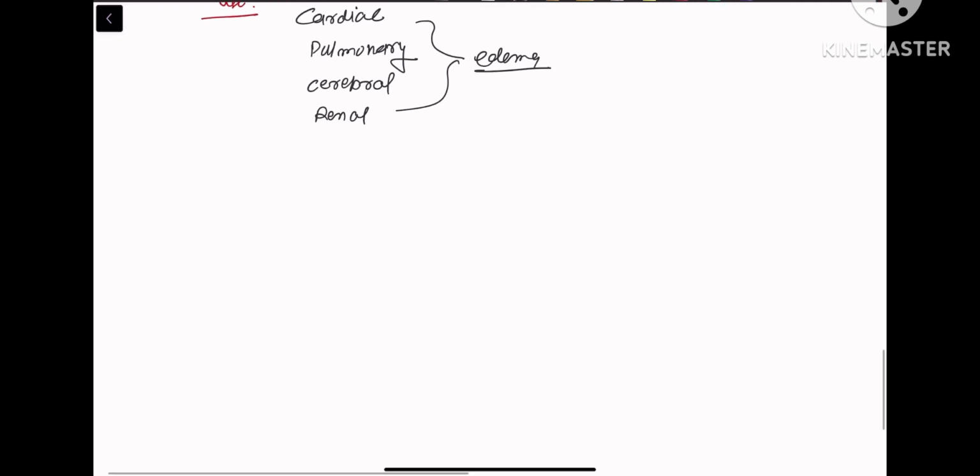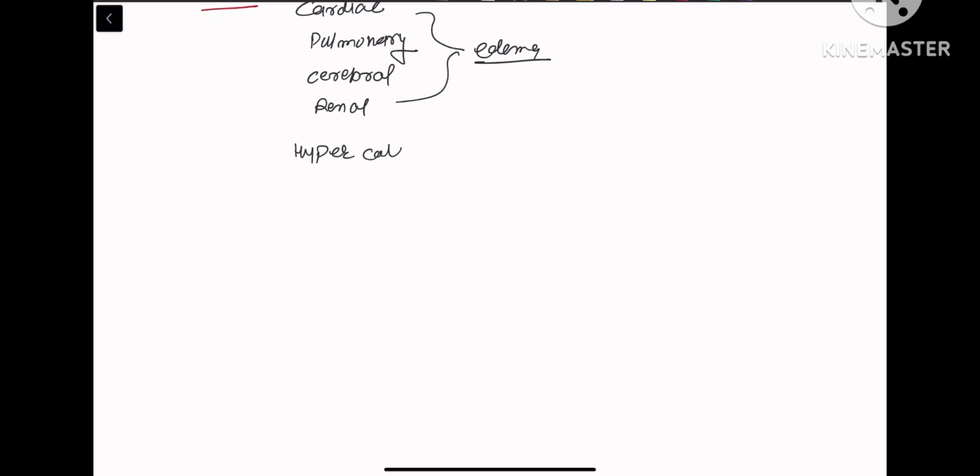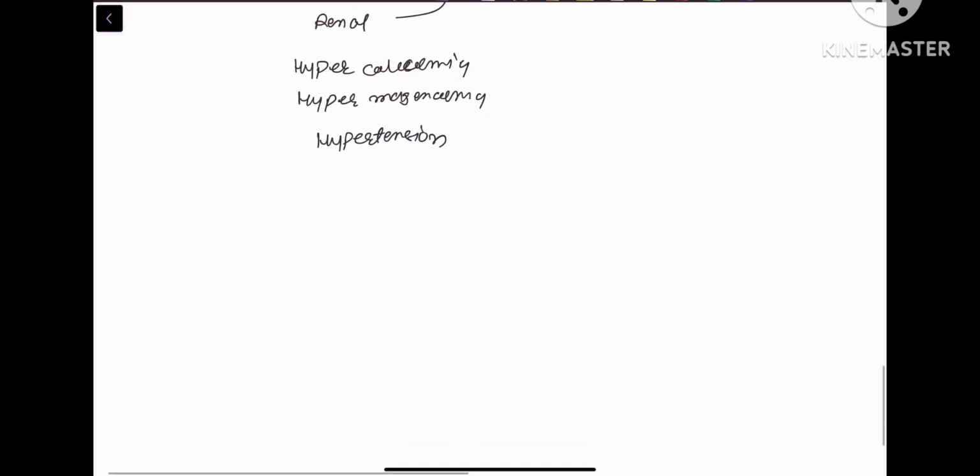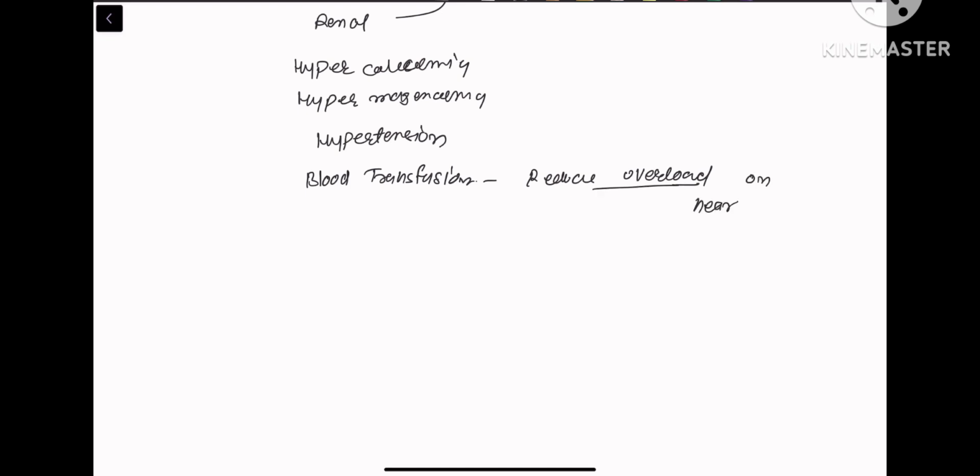Also used in hypercalcemia, hypermagnesemia, and used in hypertension, and also during blood transfusion to reduce overload on the heart.